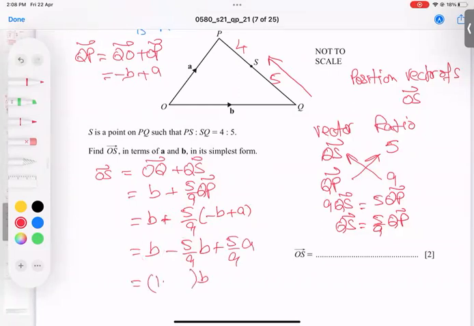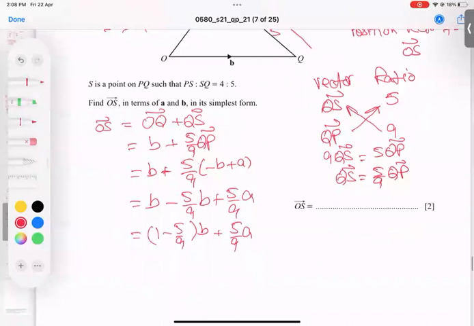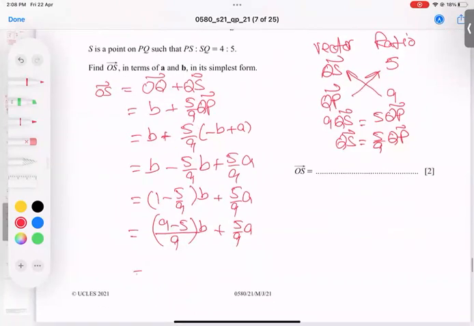Nothing means 1. Don't write 0. Okay. So take LCM 9. 9 ones are 9, 9 minus 5. And ultimately I got 4 over 9B plus 5 over 9A. Write in order or leave as it is, no issue at all.